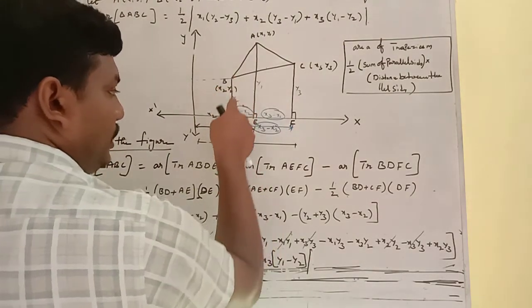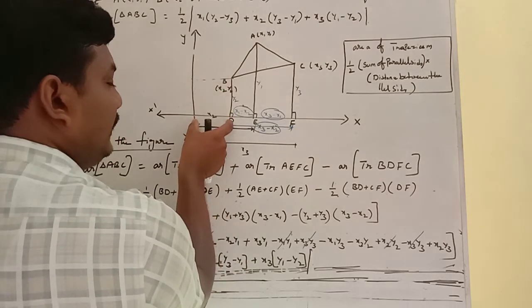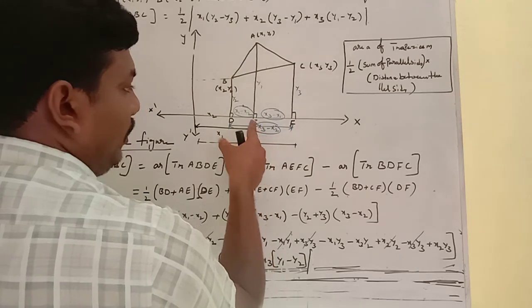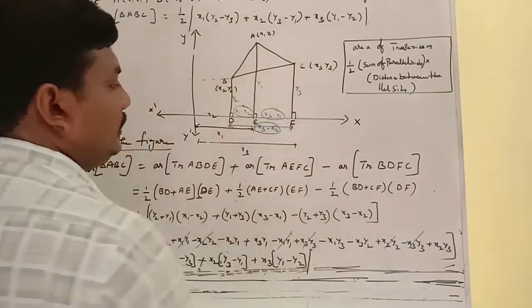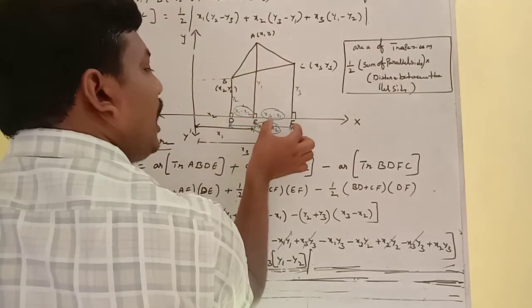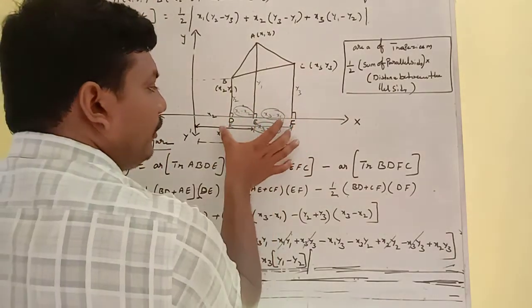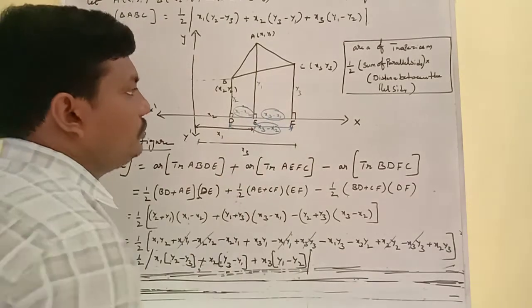B's projection is point D, so this length is x2. In the same way, A's projection is E on the x-axis, at distance x1, and C's projection is F, at distance x3. Now we consider the distances DE, EF and DF separately.